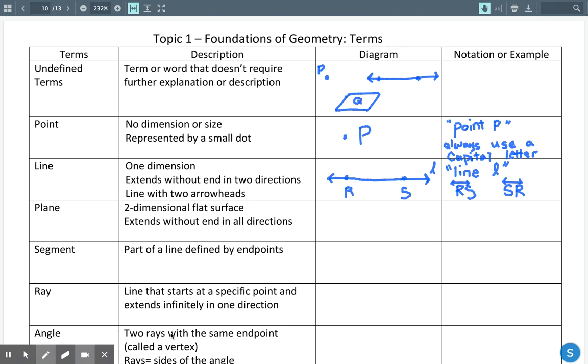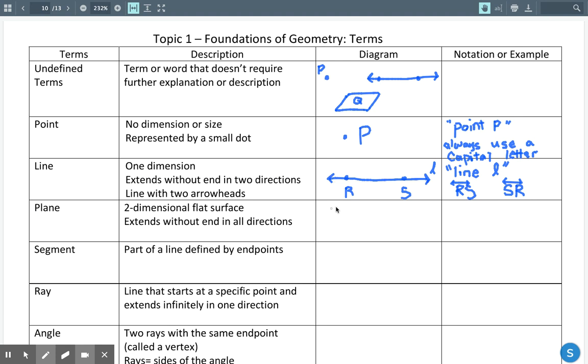Okay, so a plane is a two-dimensional flat surface that goes in all directions. So think about when we have a coordinate grid like an XY axis. That is a plane. It goes on forever in both directions.